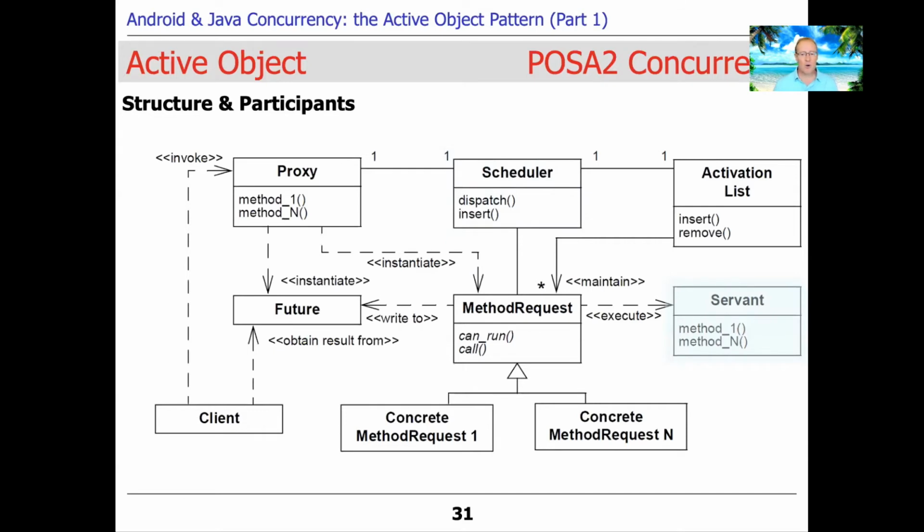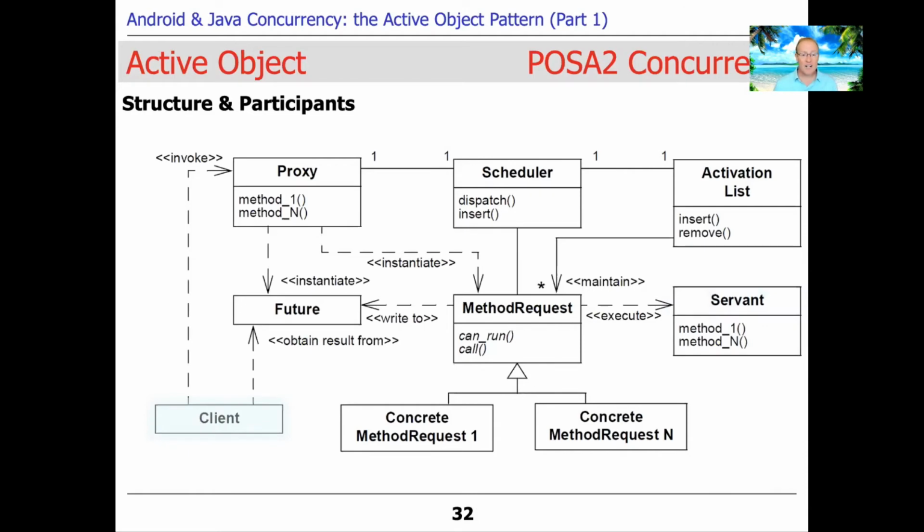Then there's another role here called the servant, which is what's used to actually implement the active object's capabilities. So that's the target of callbacks. Essentially, the scheduler is used to convert the method request back into a method invocation on the corresponding method provided by the servant. In this case, it would be whatever we implement, my handler or some implementation that's going to do the right thing based on the messages that are passed to it.